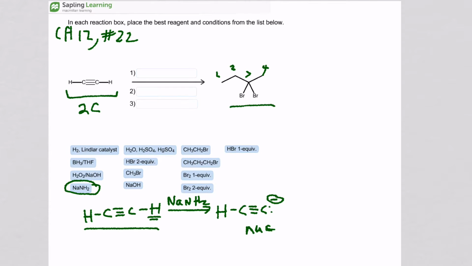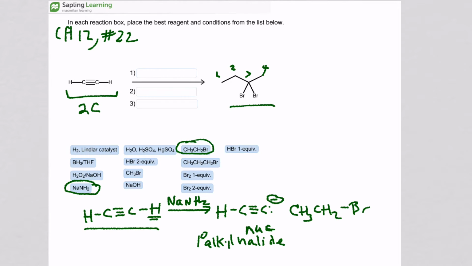Now what you can do is you can react that nucleophile with a primary alkyl halide in an SN2 reaction, and I need to extend this by 2 carbons, so a good primary alkyl halide is going to be some ethyl halide, and I see that I have this as one of my options, the bromoethane.